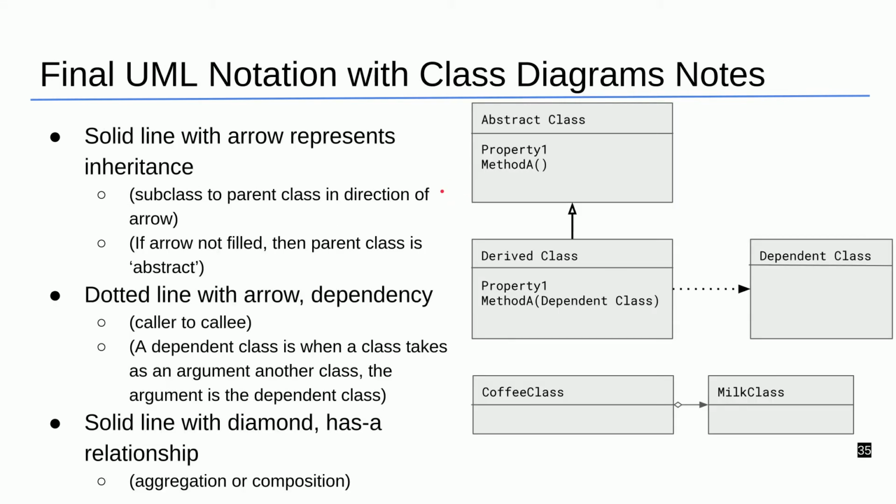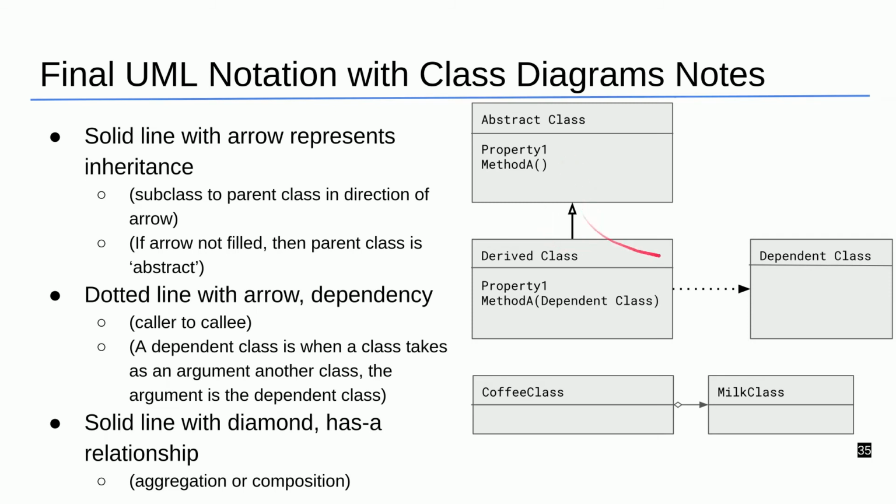Okay, so some final notes here, just kind of introducing these ideas of inheritance, composition, and so on, is to look at, again, the UML diagrams here. Here's sort of a cheat sheet for us where we can have an abstract class. Solid lines with arrows represent inheritance.